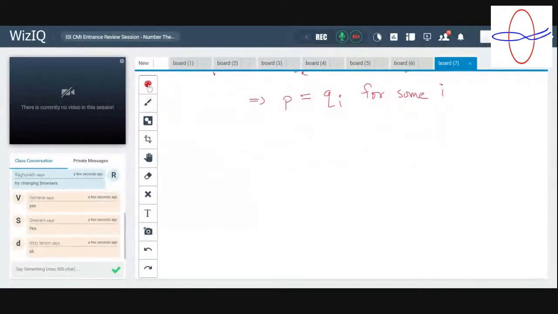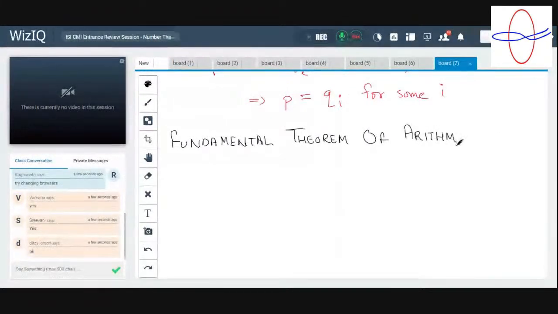Now we have the big result, the first big result, the fundamental theorem of arithmetic. And maybe I'm going to horribly misspell arithmetic, but I think this is correct.